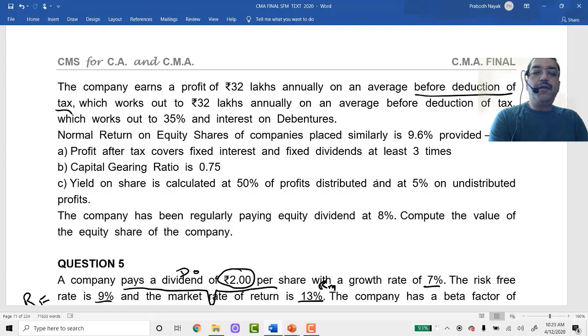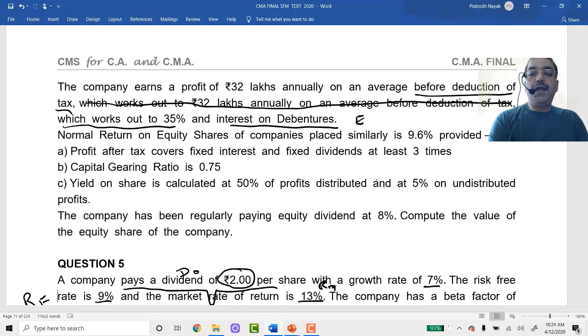So this is, I think, repeated. Before deduction of tax, which works out to 35%. So tax rate is 35% and interest on debentures. So it is EBIT.